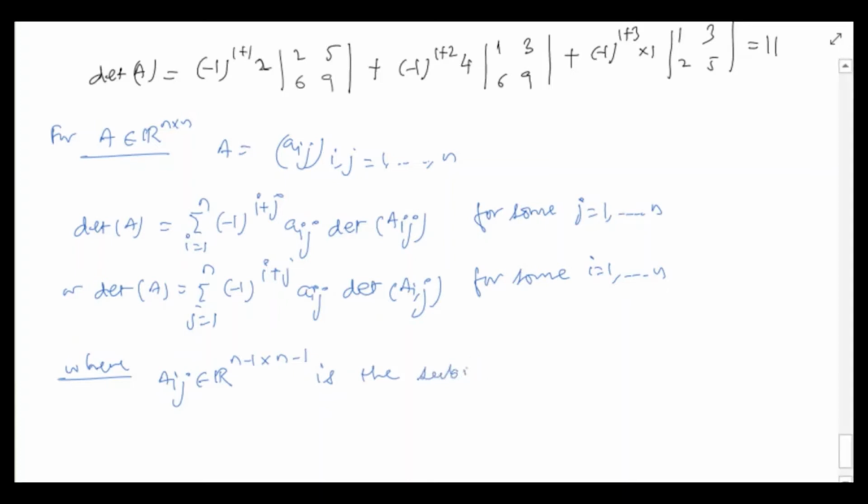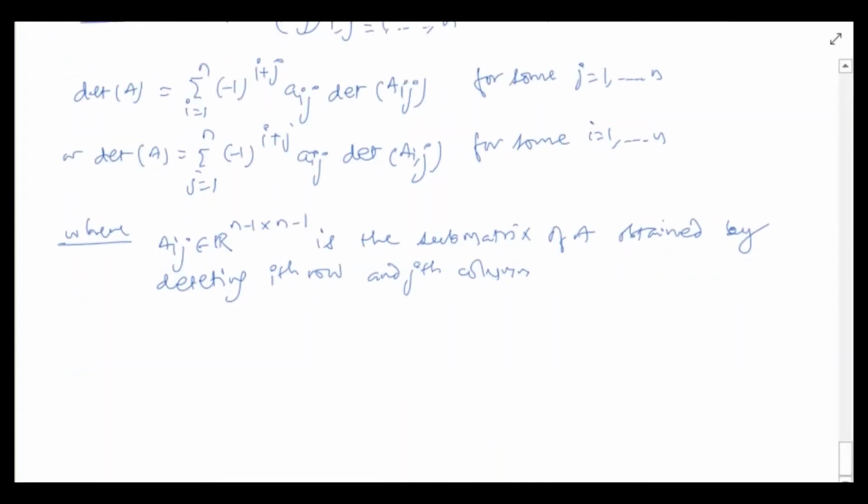This is the submatrix of A obtained by deleting ith row and jth column.